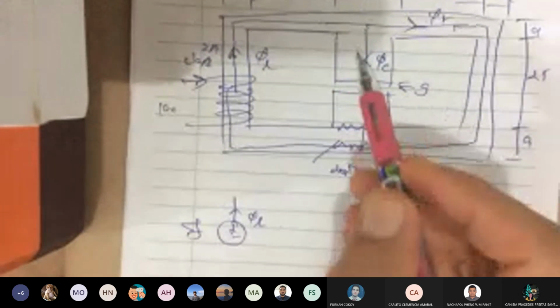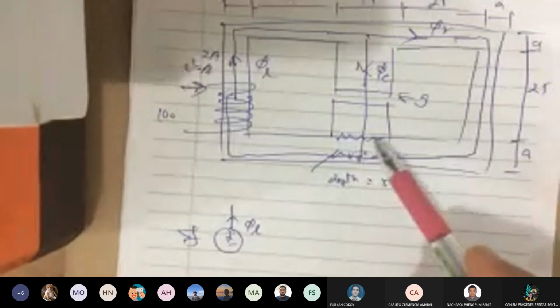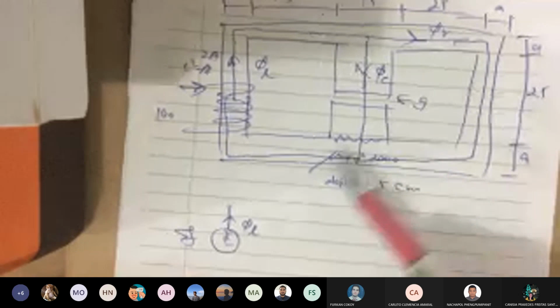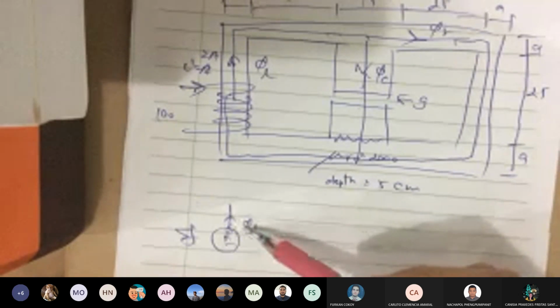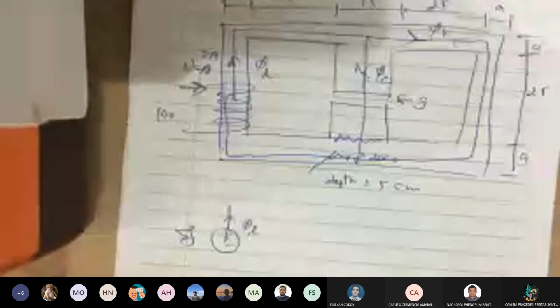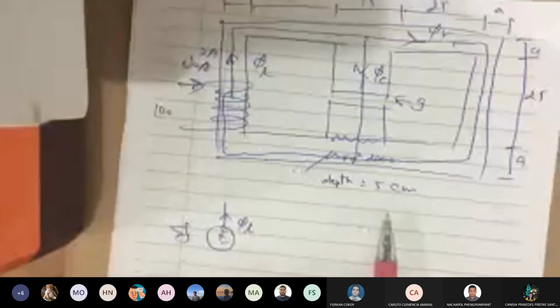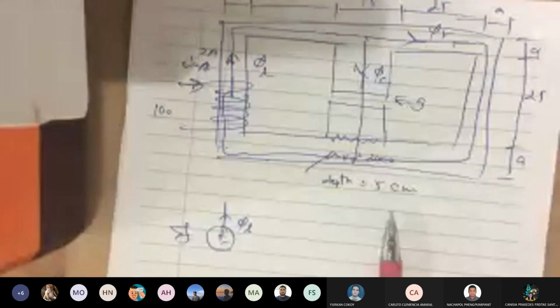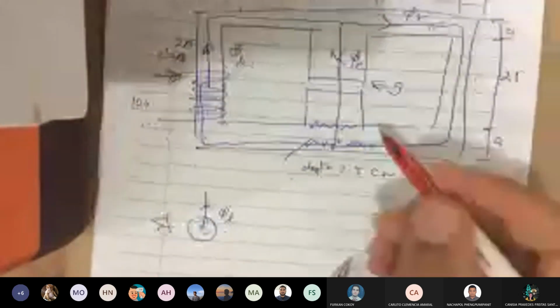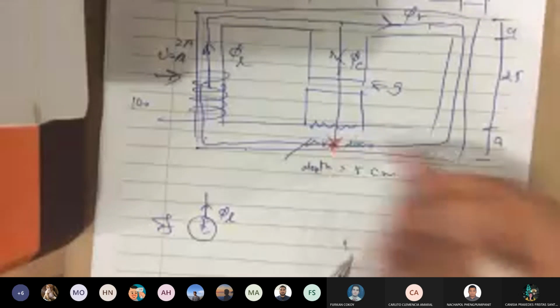Now, you have to look at the path first. This is very important. This time, the length of your phi left is not only this part, because phi left starts from, let me get a red ink, starts from this point. See?